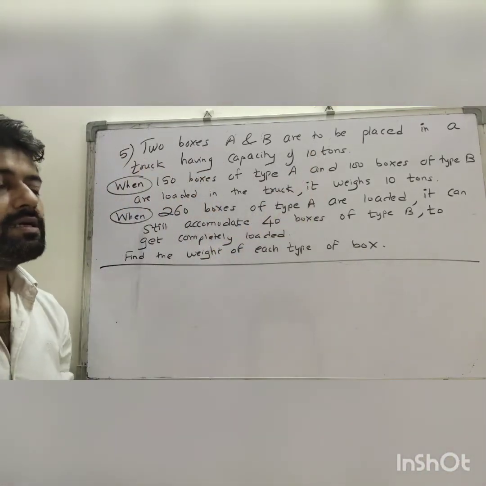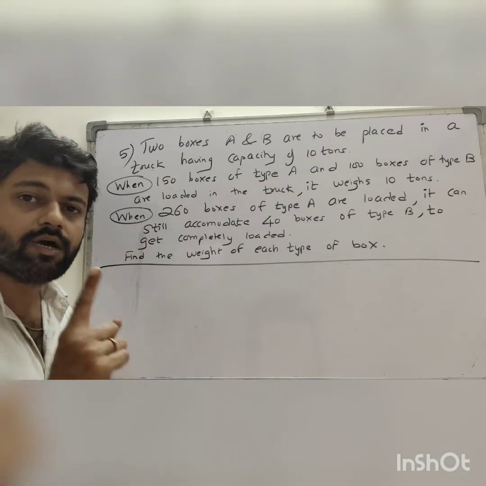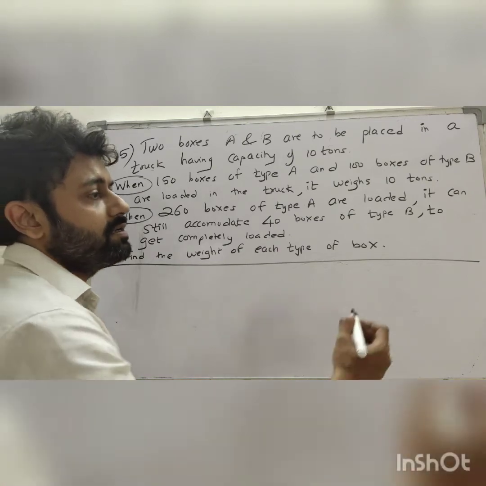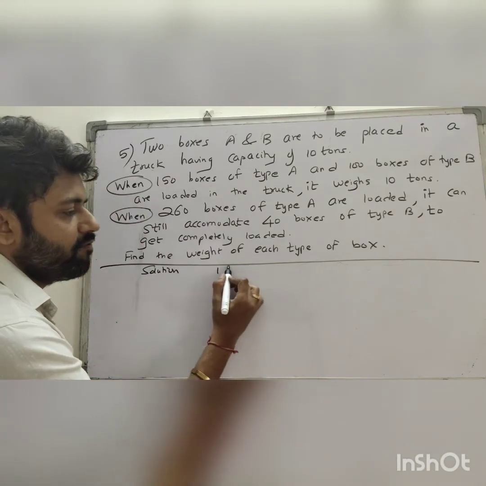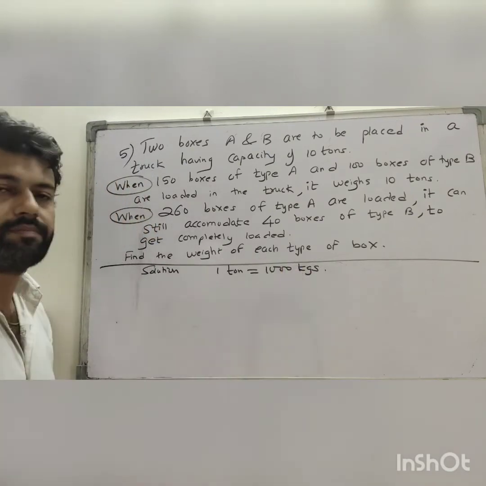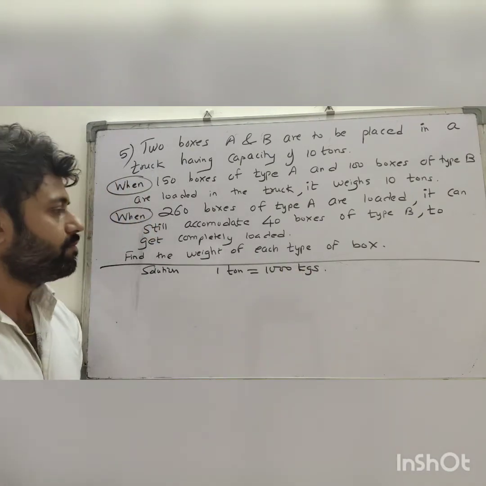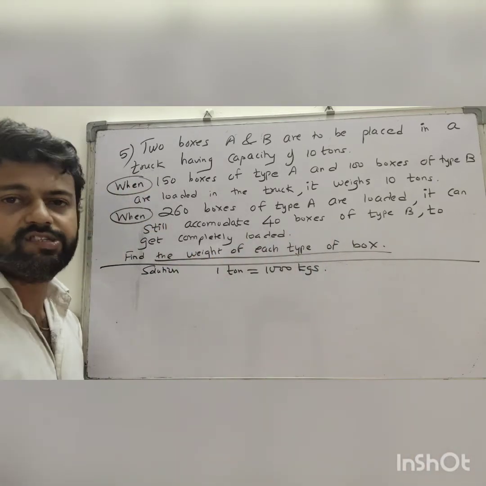Remember, the capacity of the truck is 10 tons. 1 ton is equal to 1000 kgs. So, let us now do the assumption. Find the weight of each type of box.